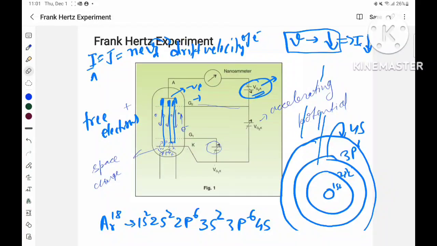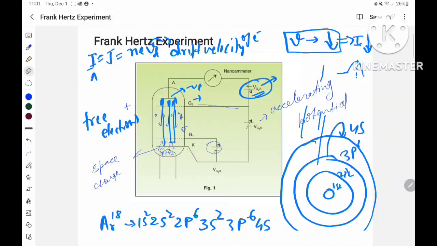So you will see initially there will be no increase in current, then there will be an increase in current as you increase the potential. And then at a certain point, once the electrons have gathered energy equal to the excitation potential, the electron energy will fall and then the current will also fall.